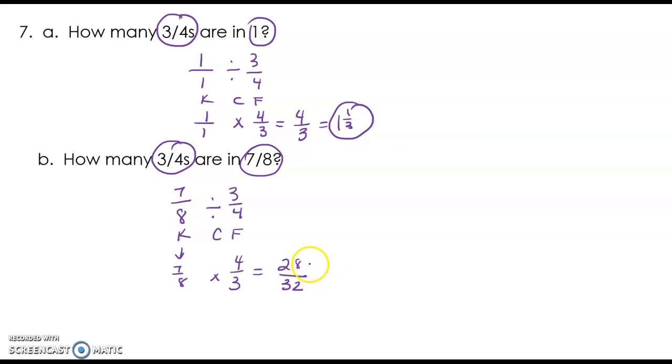Are they both divisible by? Let's just divide them by 2 because for some reason it's not coming to my brain. So that's 14 and this is 16. Okay, so we can divide them by 2 again. We probably could have divided them by 4 originally. So that's 7 and that's 8. How is that right?